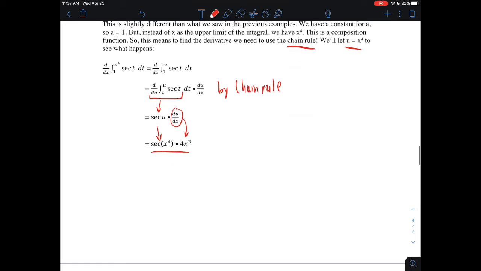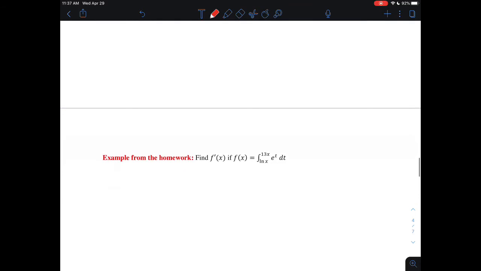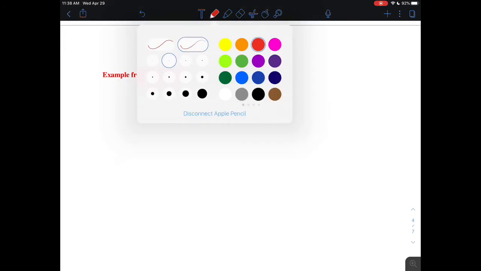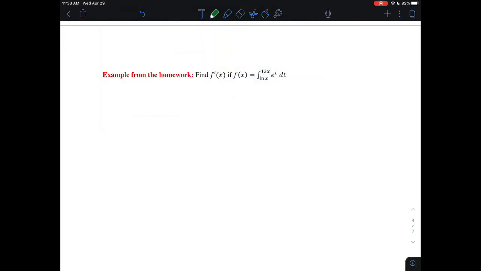Let's see one more example related to that, and this one actually comes from the homework. Find f prime of x if f of x is equal to the integral from the natural log of x to 13x of e to the t dt. So this is just a step up from the previous example.